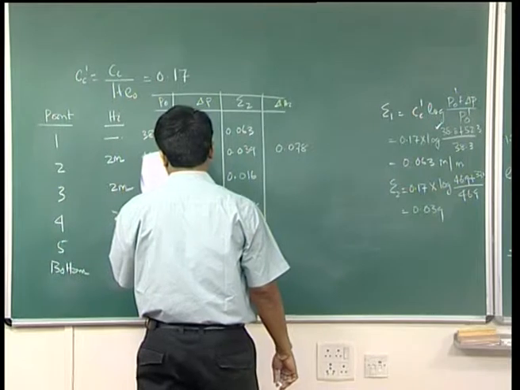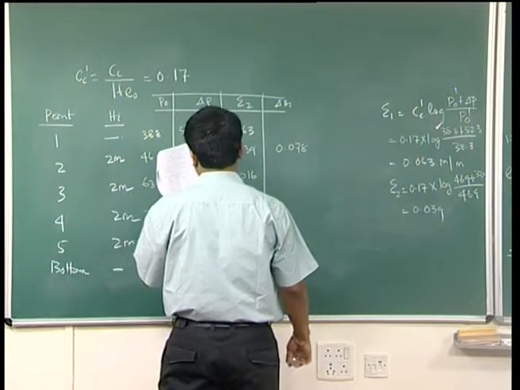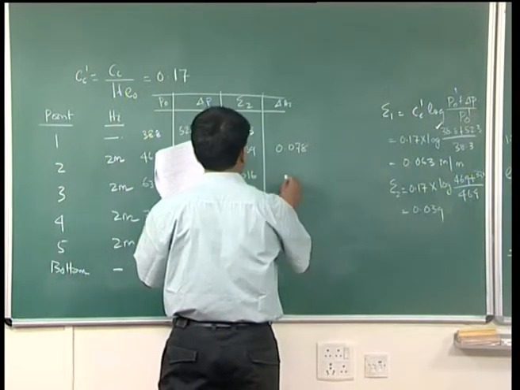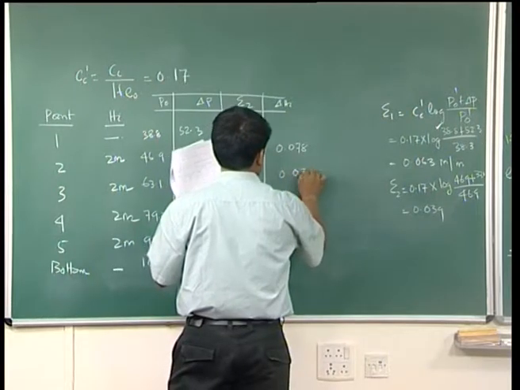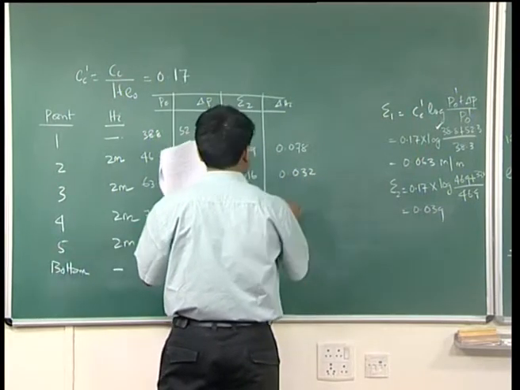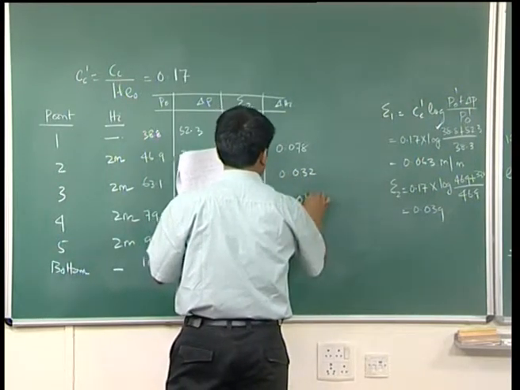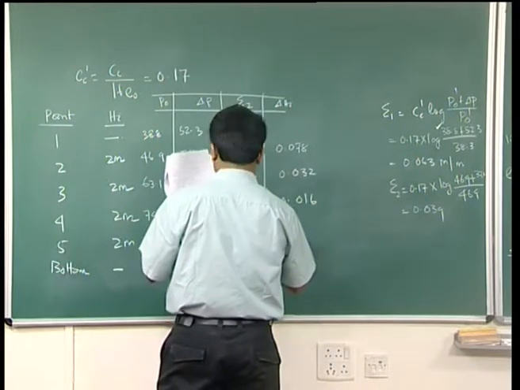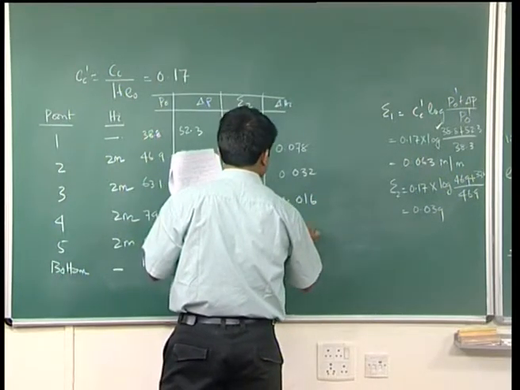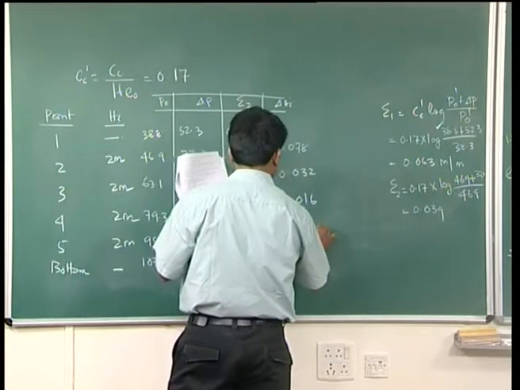Then this is coming 0.032, 0.016, 0.008.